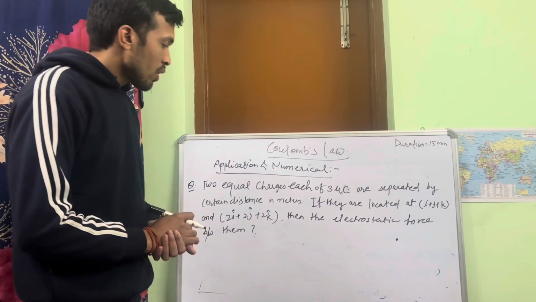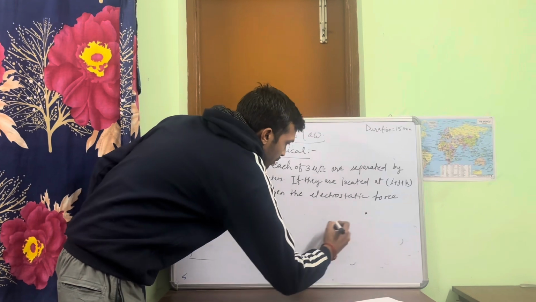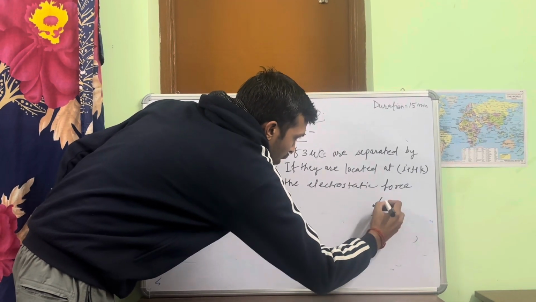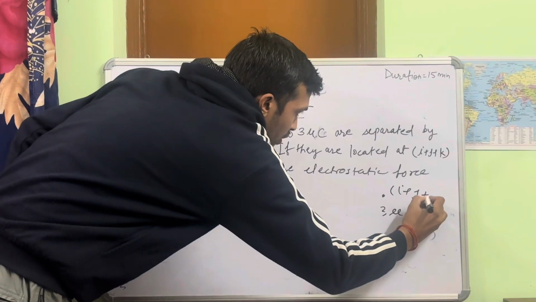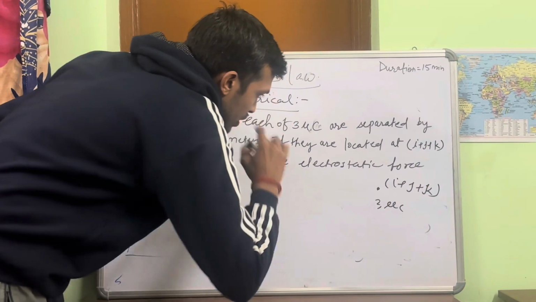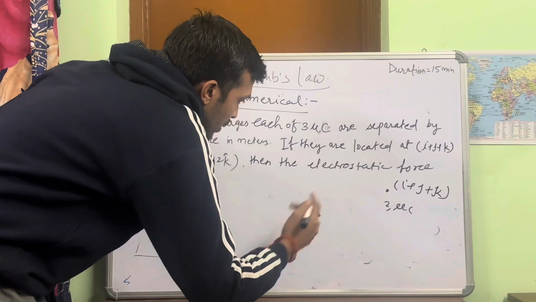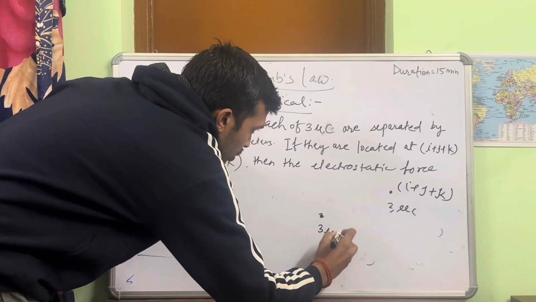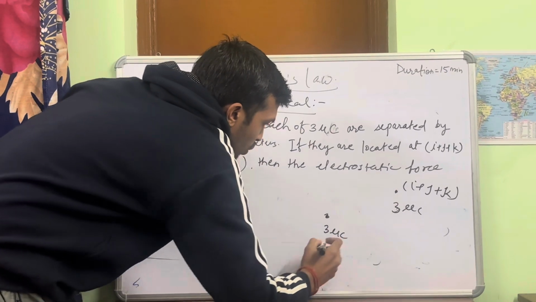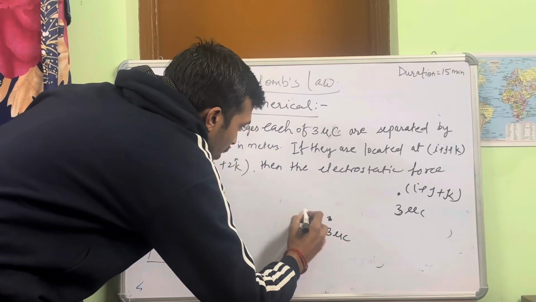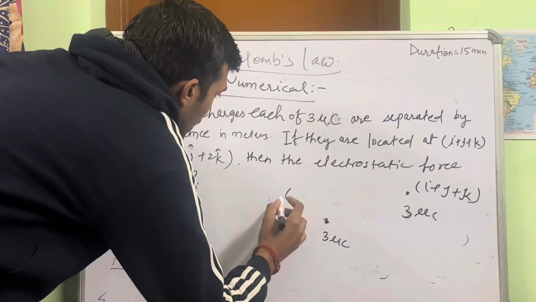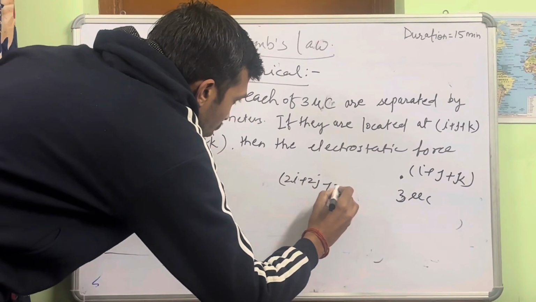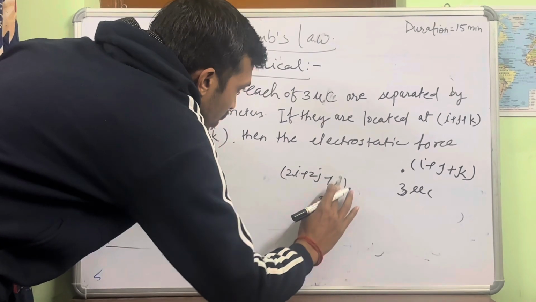So let's suppose one charge of 3 microcoulomb is at i plus j plus k somewhere in space, and another 3 microcoulomb point charge is at position 2i plus 2j plus 2k.